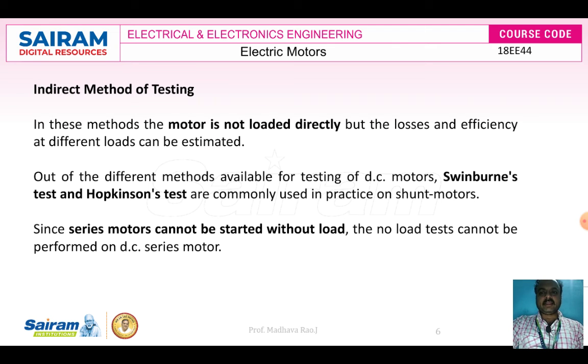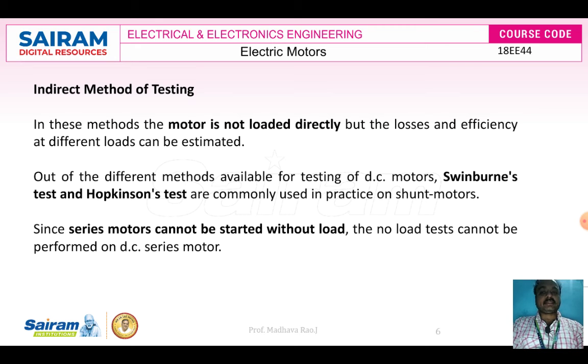Coming to the indirect method of testing, this method is not loaded directly. The motor is not loaded directly, but losses and efficiency at different loads can be estimated. The indirect method can also be called a no load test.